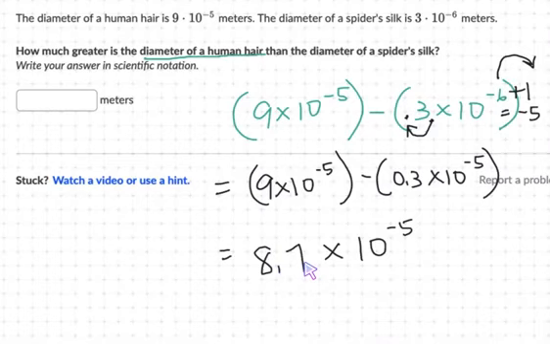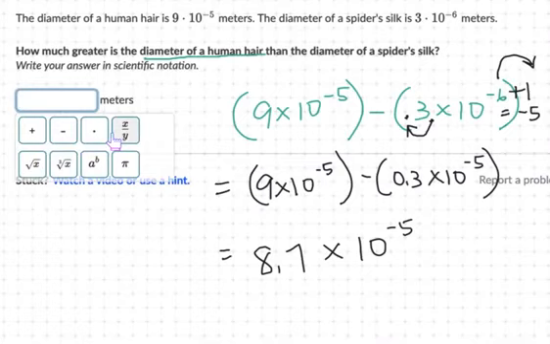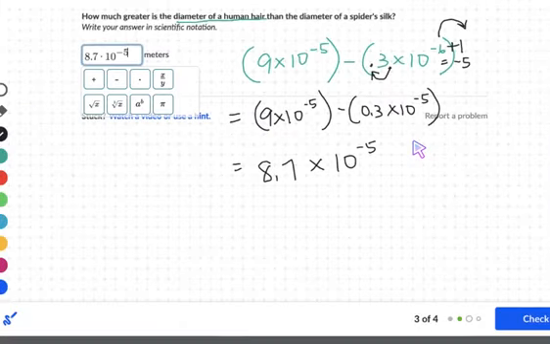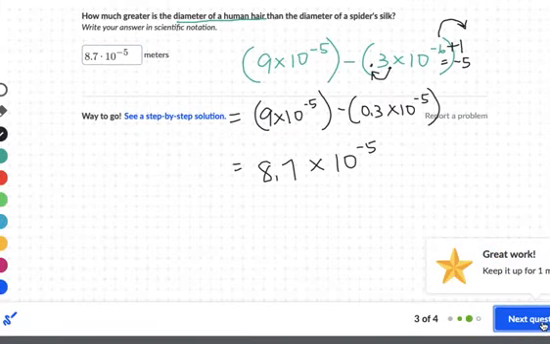So our answer is 8.7 times 10 to the negative 5th power. Okay, double check my work really quick. Same power. We added 1 to get to negative 5, so that means we move back 1. And that's correct.